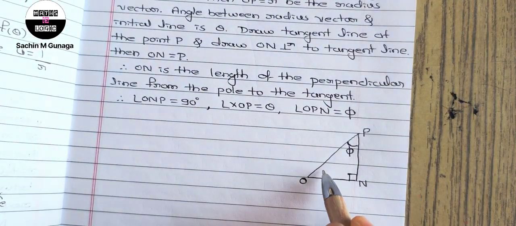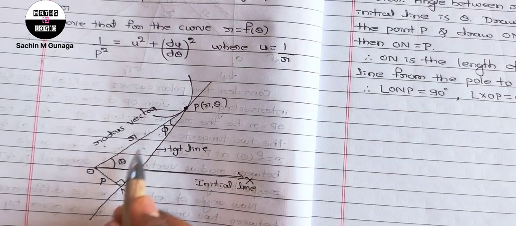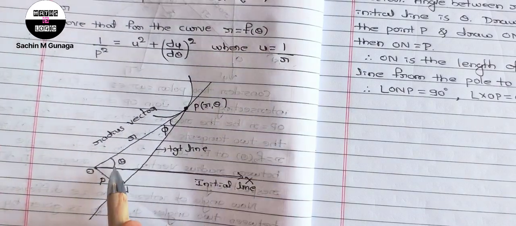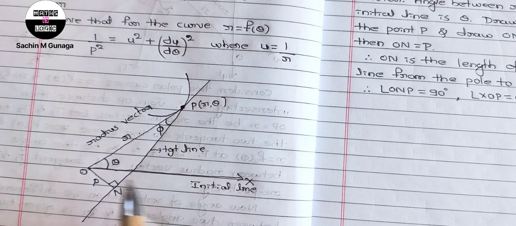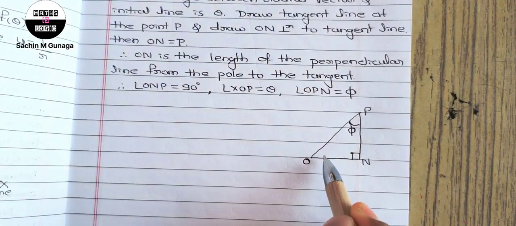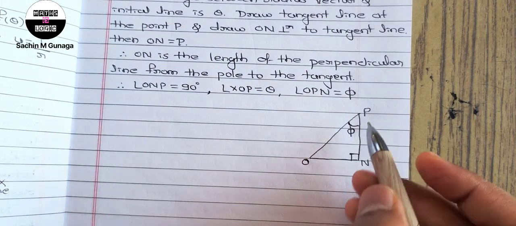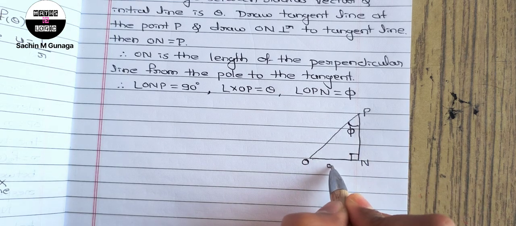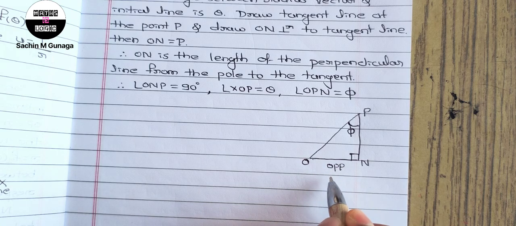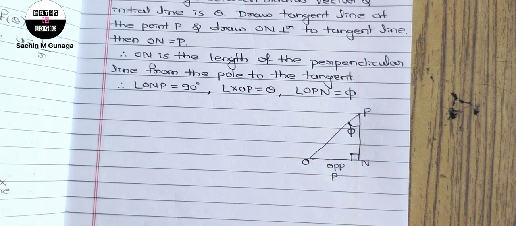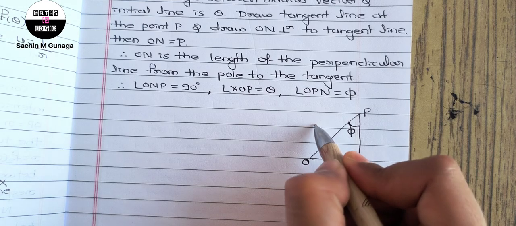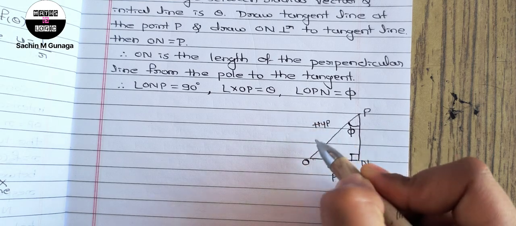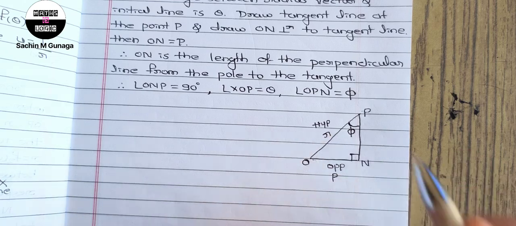This angle is 90 degrees, but we cannot call this angle theta, because the angle OPX is theta, but we don't know this angle. Therefore, if it is angle psi, then the line opposite to it I am going to call p, and the hypotenuse is OP.